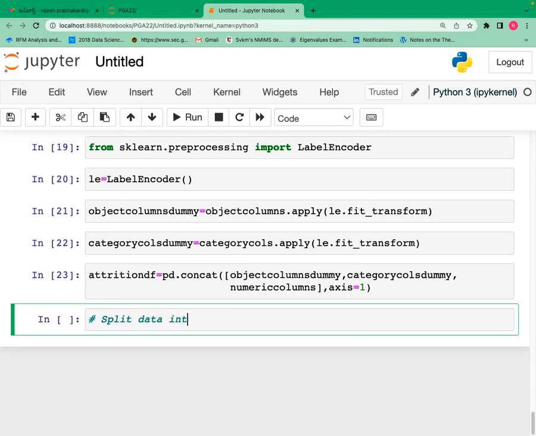Split data into dependent variable and independent variables.